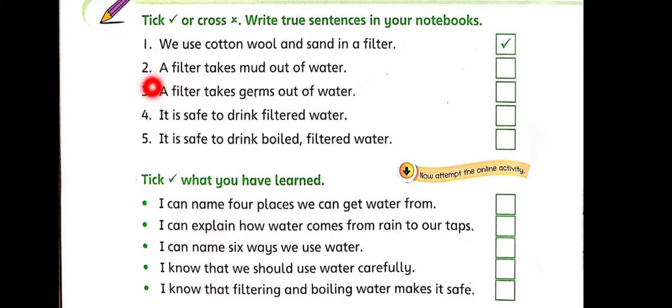Statement number two: a filter takes mud out of water. So quickly give me your knowledge feedback, what is the function of a filter? As we all know, filters can take out the dirt or the mud from the water.